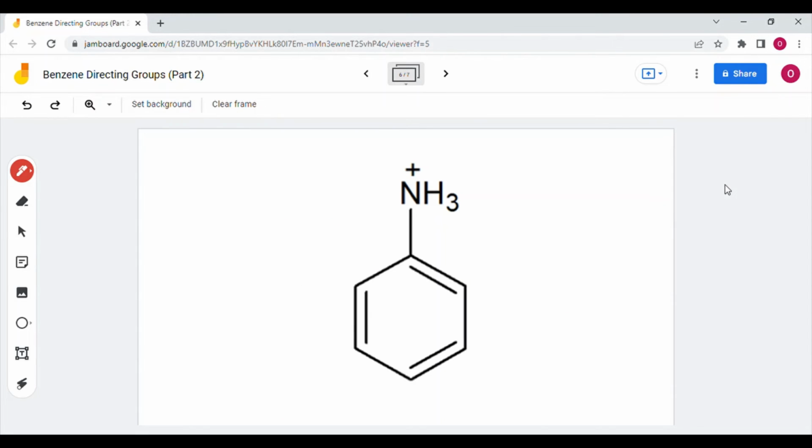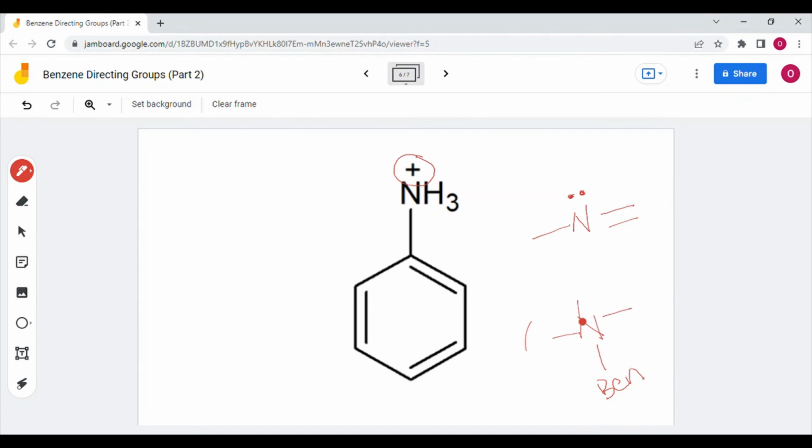In comparison, NH3 on a benzene ring has a full positive charge, as you can see. And the reason for this is because nitrogen usually likes to have two bonds with a lone pair of electrons, like so. But because this has three hydrogens and a fourth bond on the benzene, I'll put Be for benzene, right?